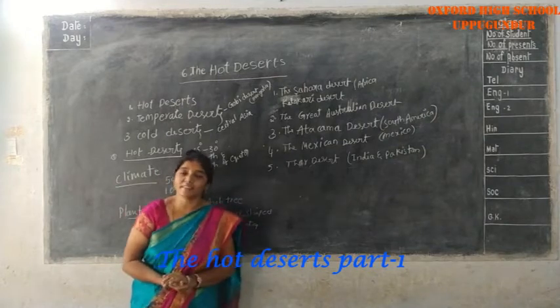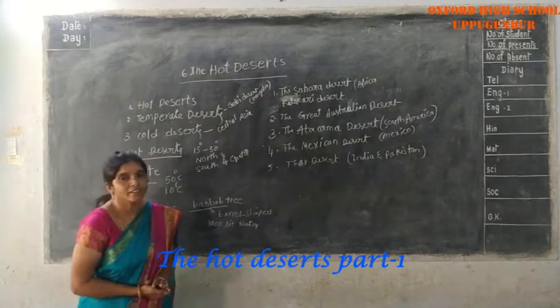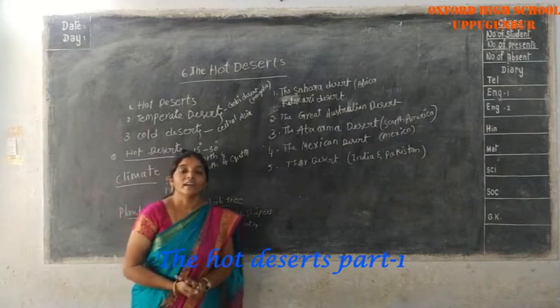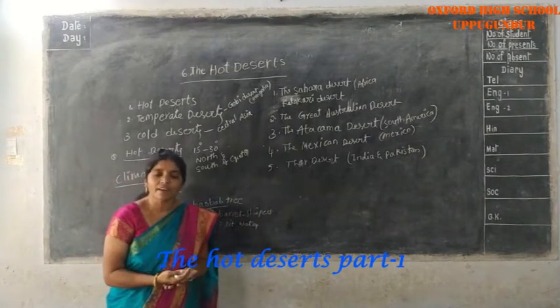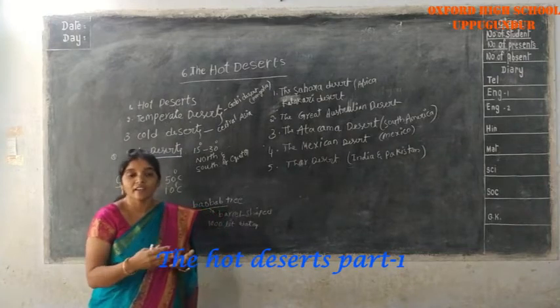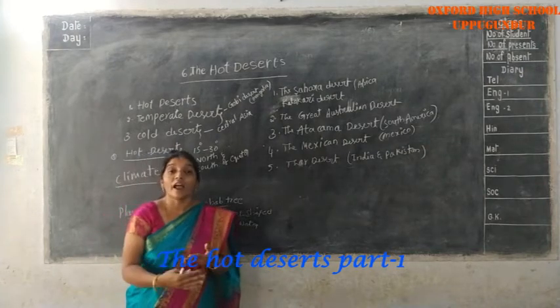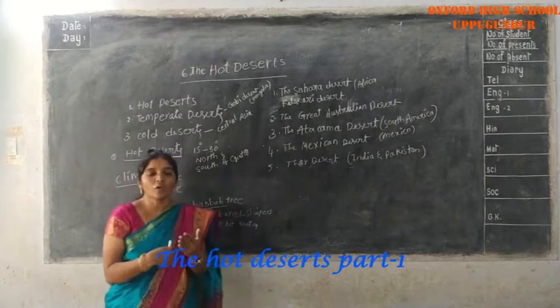How is the climate in the hot deserts? Obviously it is very hot. In the daytime, whether it is summer or not, it is very hot, and at night it is very cold. In the morning and all day there is sunlight and heat, and at night it quickly cools.